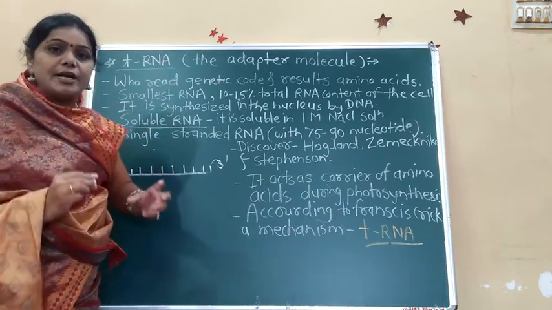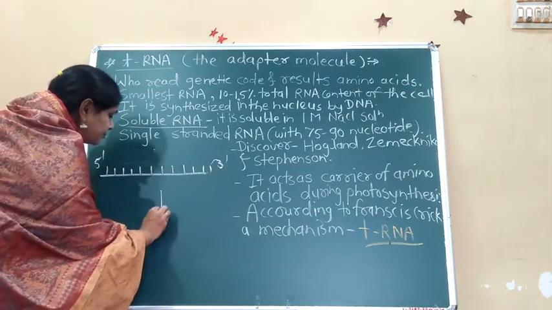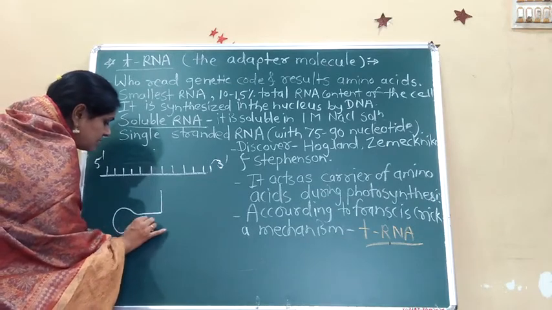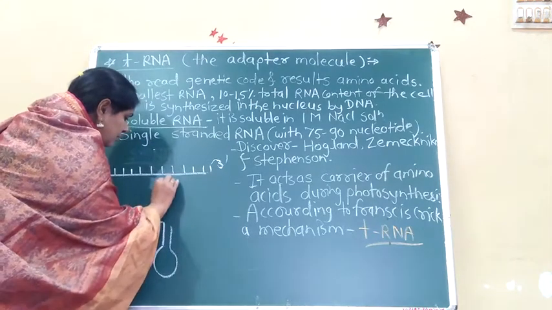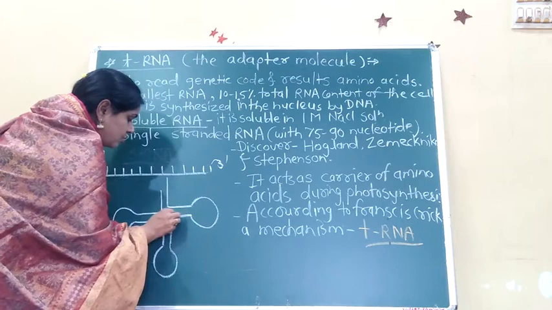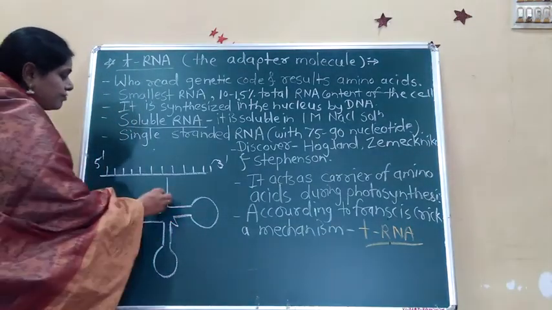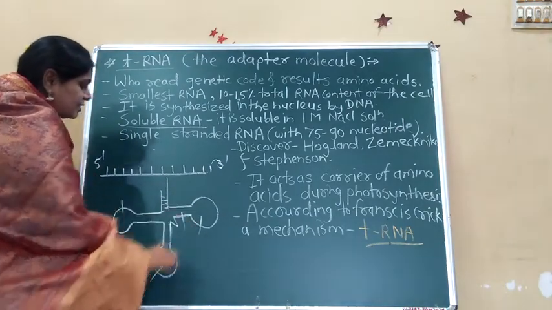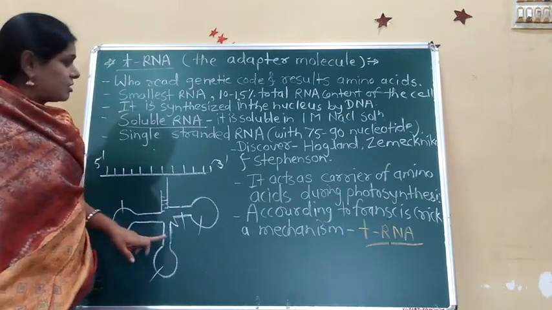This structure looks like this type. Because of folding, these are the loops and these are the hydrogen bonds which look like a double stranded structure.